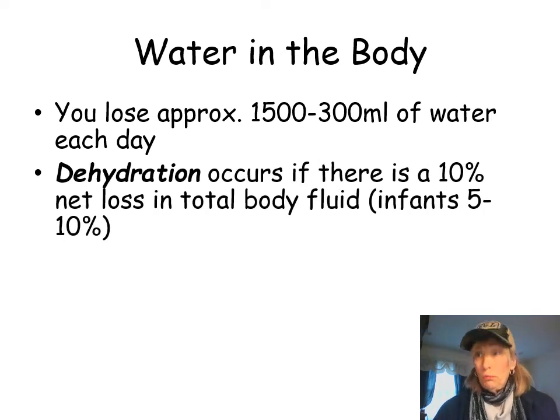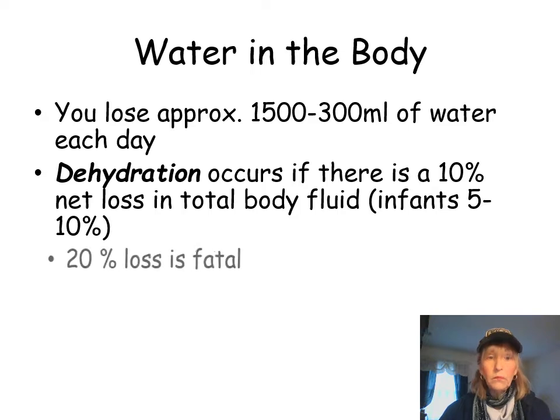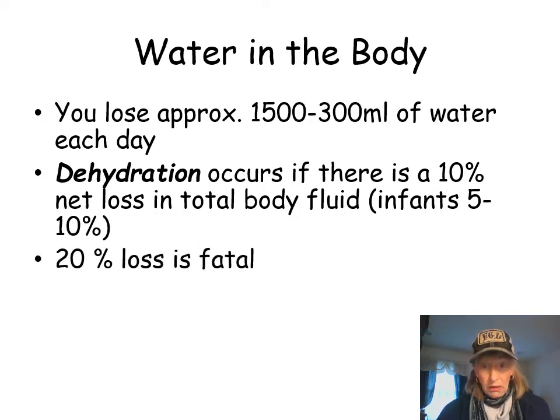If you lose too much, dehydration occurs. All right, so what are the markers? Dehydration is going to occur if there's a 10% net loss in body fluid. Of course, for infants, it's going to be less. Infants, it's between 5 and 10% loss. 20% loss, and it becomes fatal.